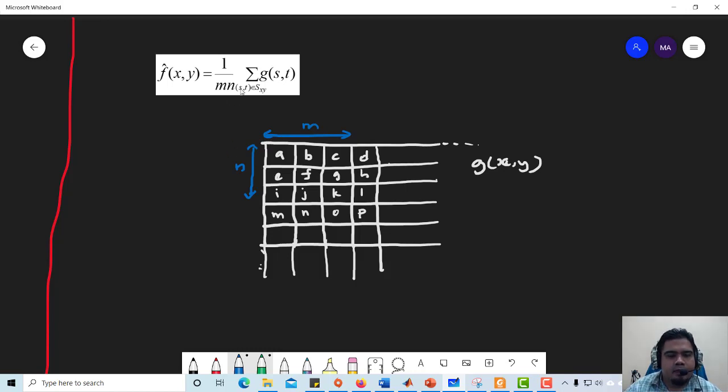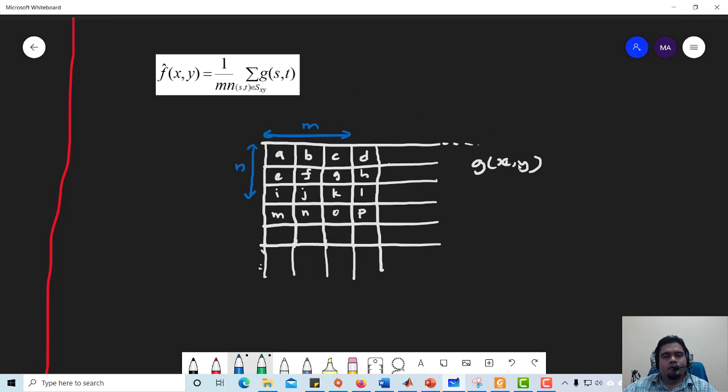From there you can see that in this expression s and t are a subset of this surface, represented by capital S x y over there. So why do they put s t here? Actually, s t can be considered a local index instead of a global index.